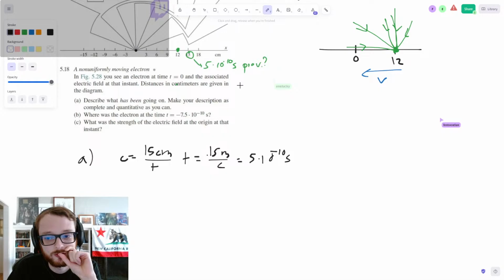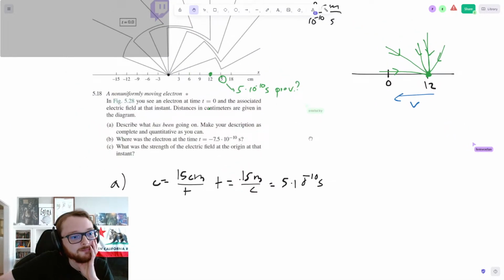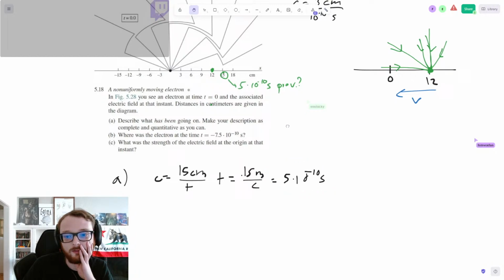So it's been at the origin for that long. Oh, and actually, in part B, they give us minus 7.5. So it's like a time period and a half before what we got.